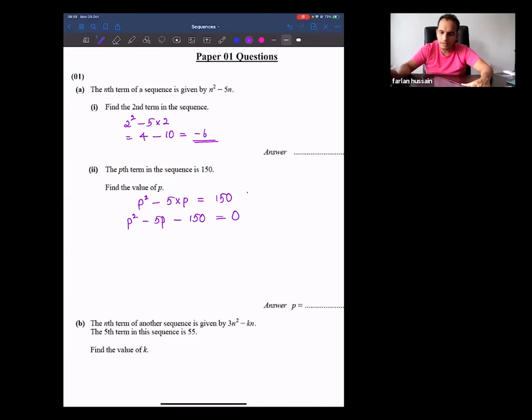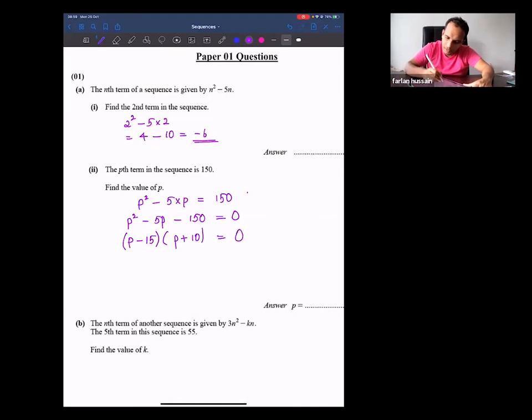This is something that you would have done already, at the very beginning of maths, how to solve a quadratic equation. If you are an O-level student, you would have done this at the very beginning. If you are an A-level student, definitely you have done this for O-levels. So the factors will be p minus 15 and p plus 10. These are the correct factors for this quadratic equation.